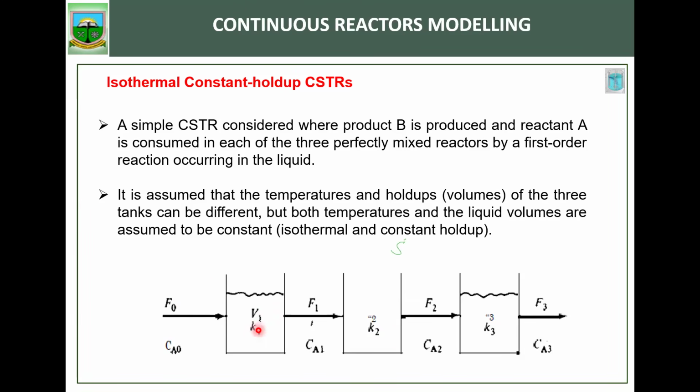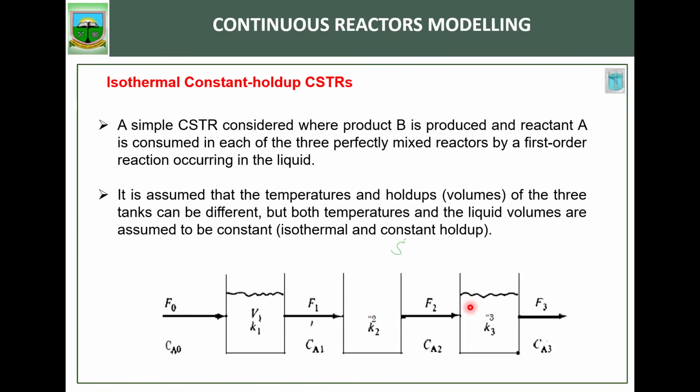The first one reacts, and when the process is limited by the rate of reaction, you move it to the second one, continue the process, move to the third one, and continue. These are all converting A, the reaction could be different, and we know how to write the rate of the reaction.